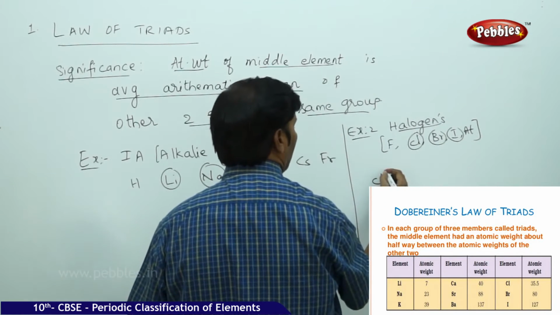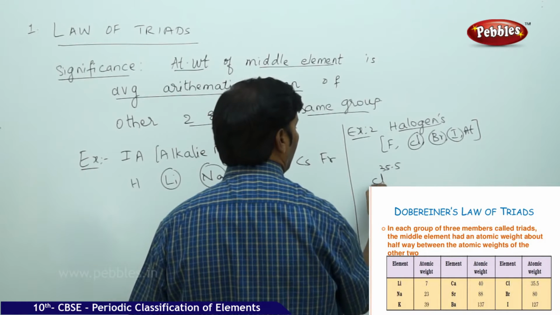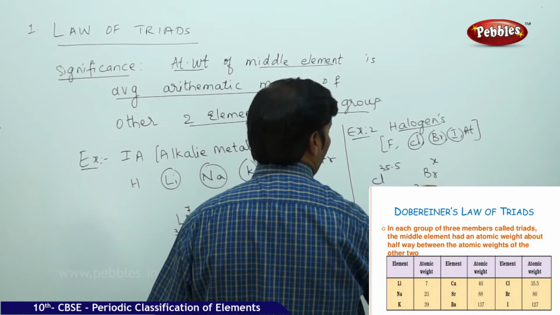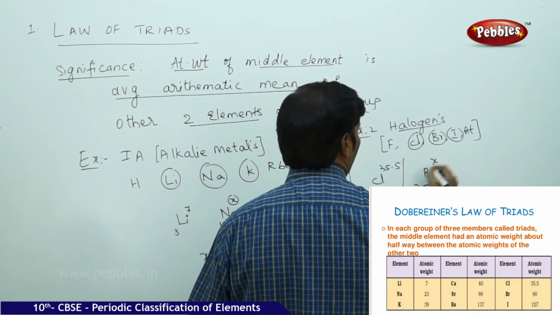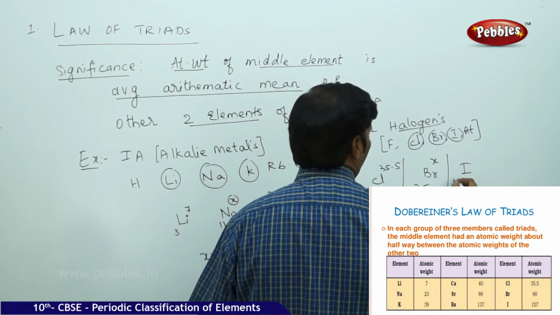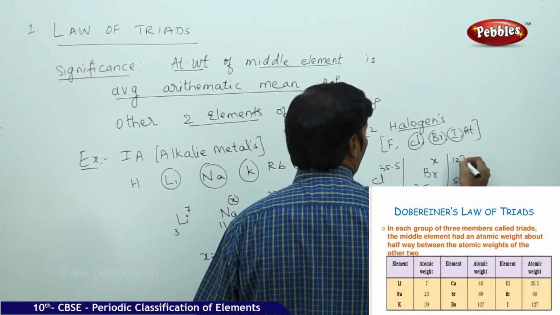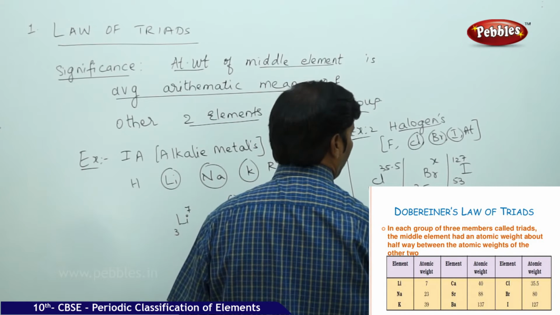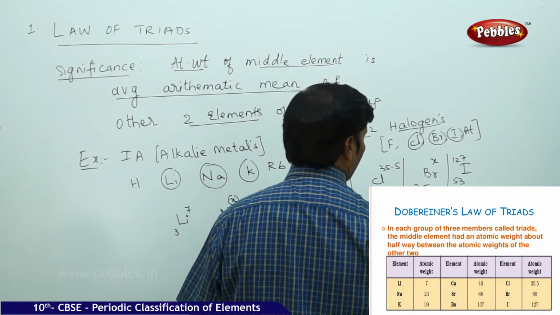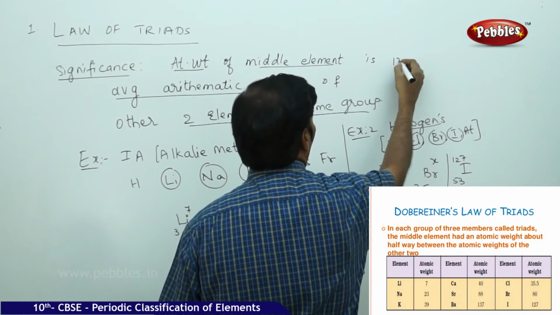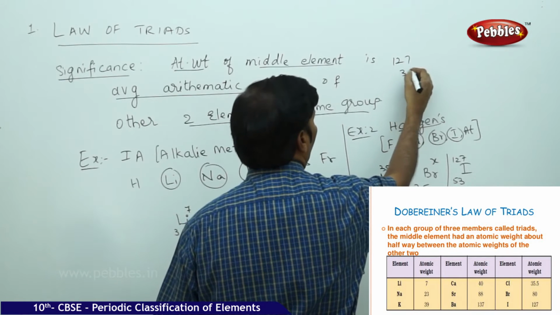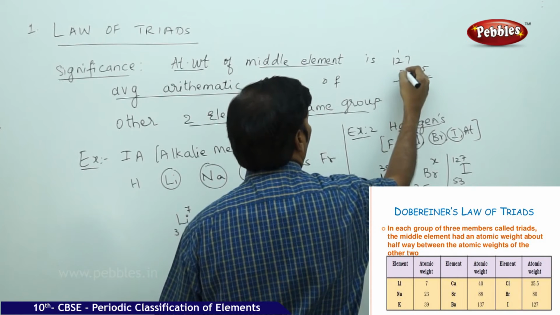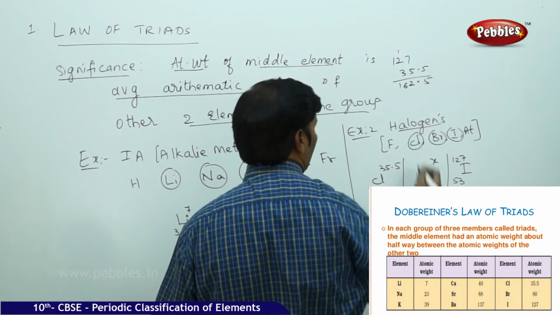Chlorine atomic weight is 35.5, atomic number 17; bromine is X, atomic number 35; and iodine atomic number 53 and atomic weight 127. So X is equal to (35.5 + 127) divided by 2.